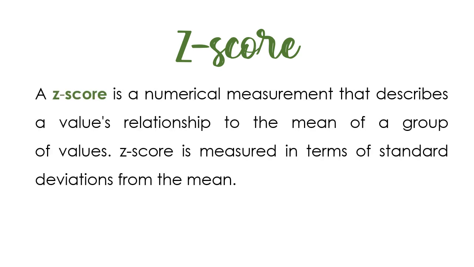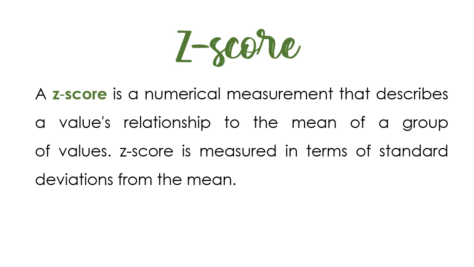Now again, as we notice, there are some values under the baseline of our normal curve, which are called the z-scores. So what are z-scores? A z-score is a numerical measurement that describes a value's relationship to the mean of a group of values. Again, the mean, median, and mode coincide at the center, and the mean of a standard normal curve is 0.